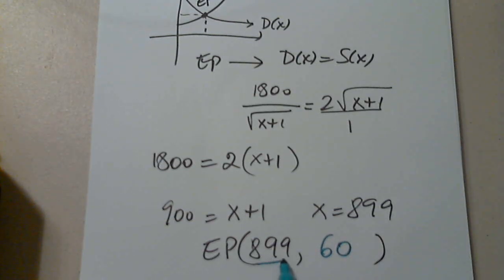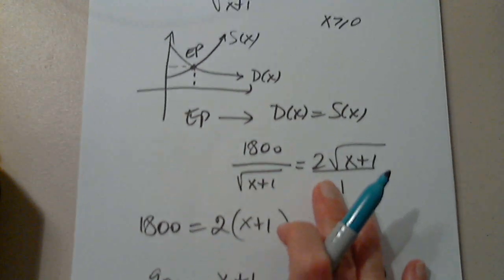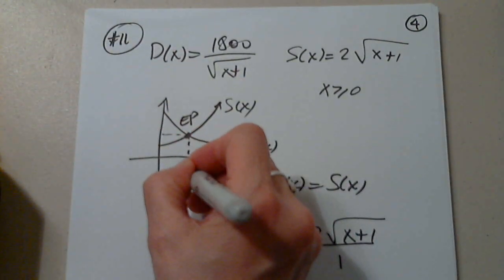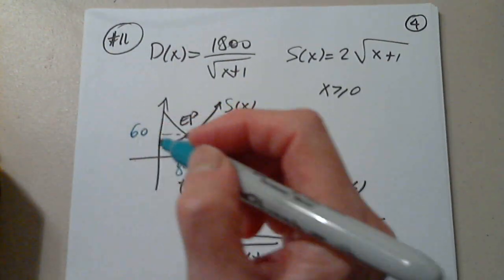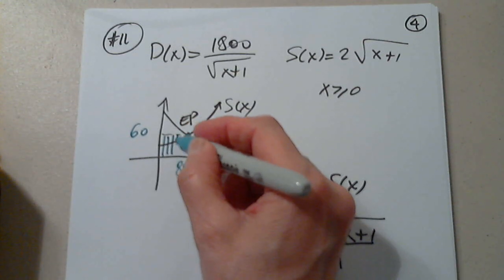So we're willing to purchase 899 of whatever units, whatever they are, at $60 per unit. So that means that this is 899 and this is 60. I always need this area.